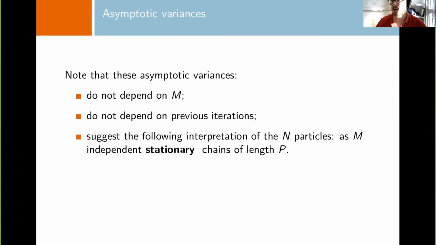So that's one way to interpret our approach, which I think is nice. You know that in MCMC, it's not so obvious where to start your chain. It would be perfect if you could run parallel chains, but each time you start a chain, you would start from the true distribution. Well, here in this asymptotic regime, we have something like that.